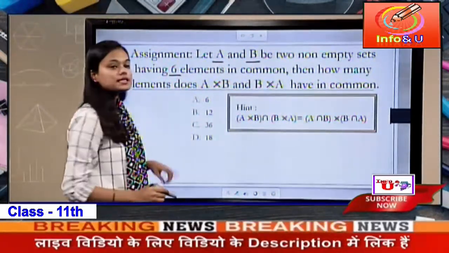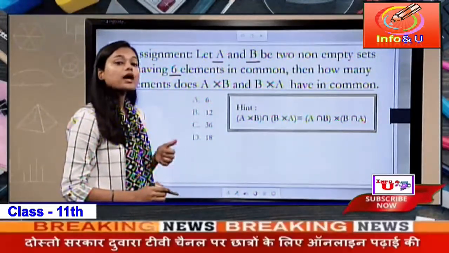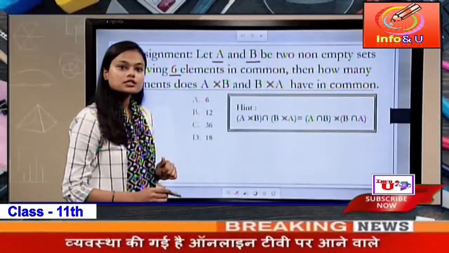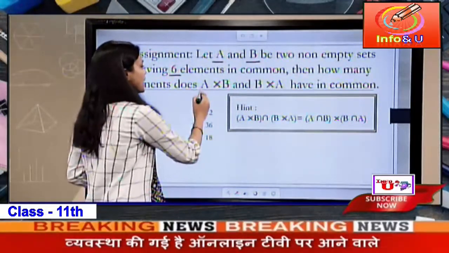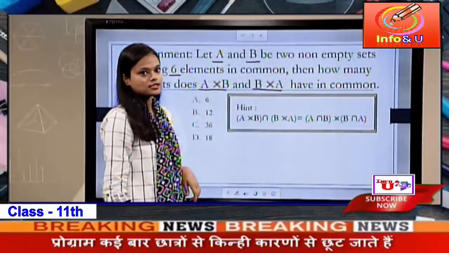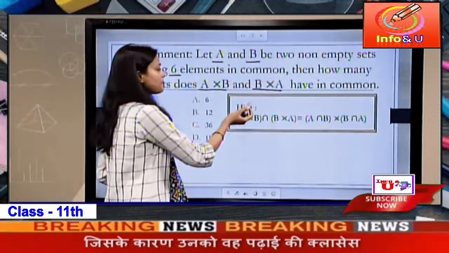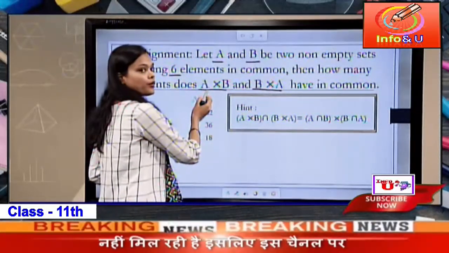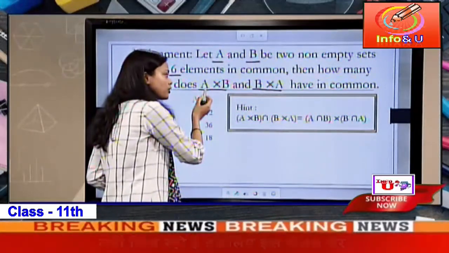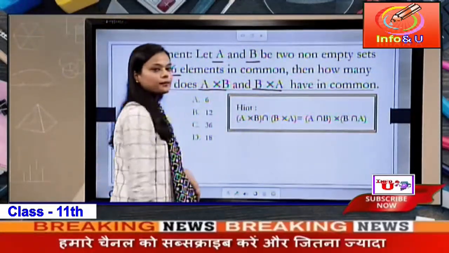And we have to find the common elements in the Cartesian products of these two sets, that is, the common elements between the product of A with B and B with A.